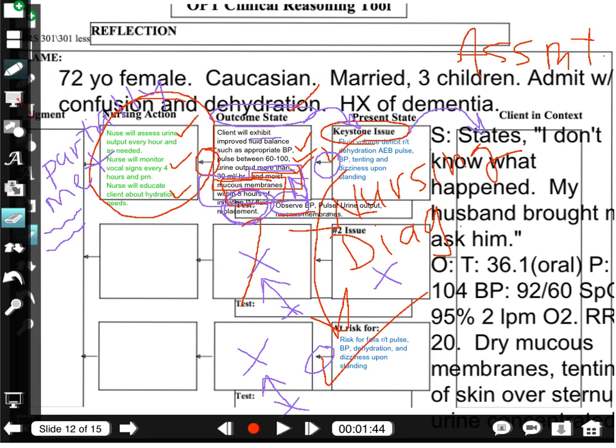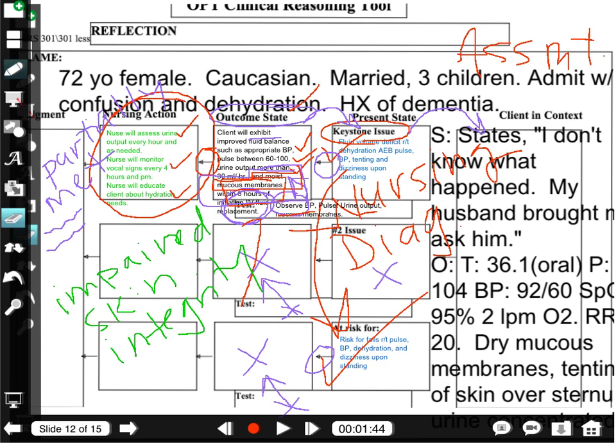So maybe our patient doesn't have a fluid volume deficit anymore. Maybe now their bigger issue is, I don't know, maybe now we have an issue with impaired skin integrity. Something like that. So in the big scheme of things, this OPT process is very iterative or very circular.